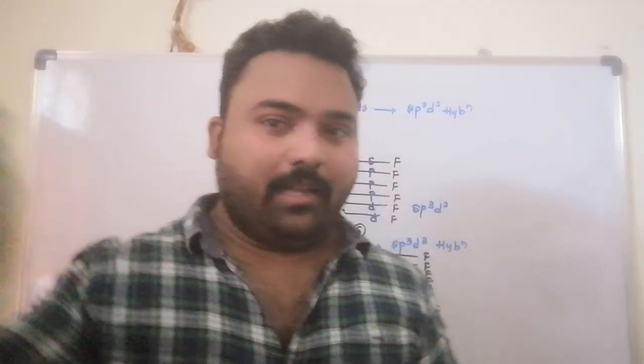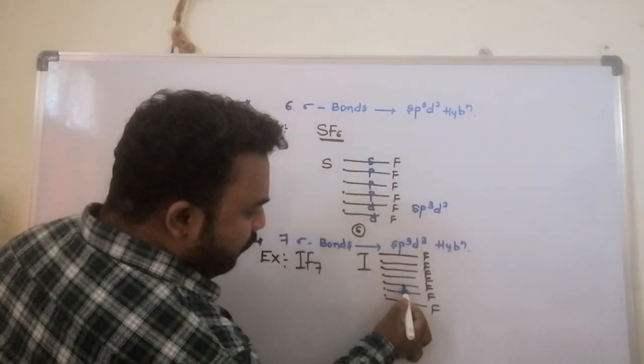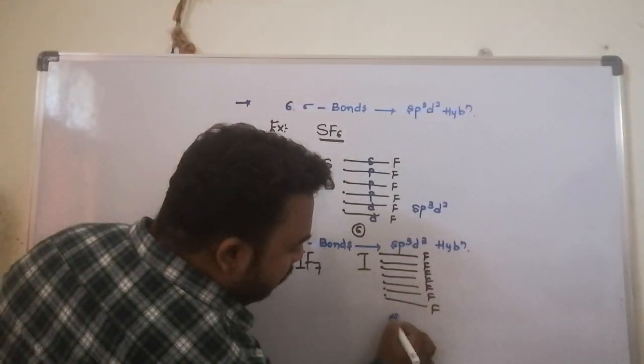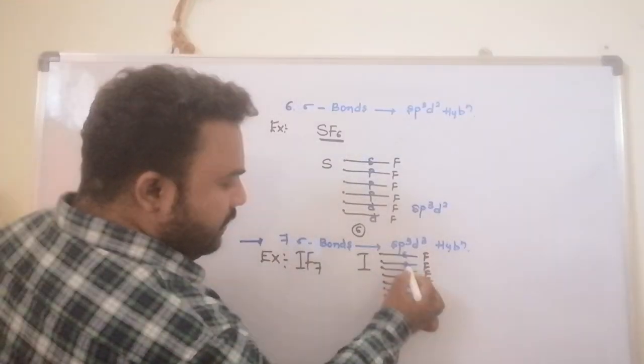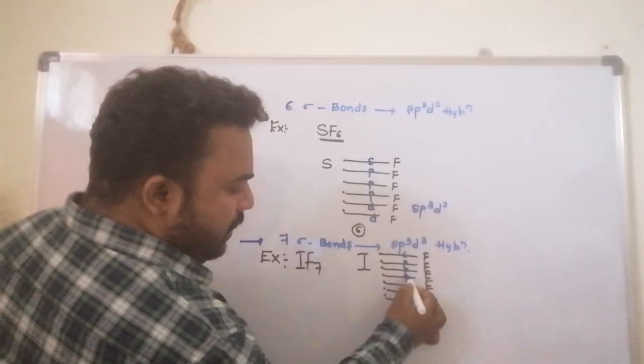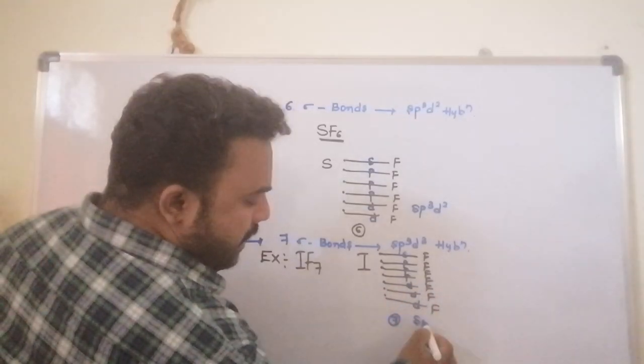Total 7 sigma bonds are formed here: 1, 2, 3, 4, 5, 6, 7. Then the type of hybridization is S, P, P, P, D, D, D.